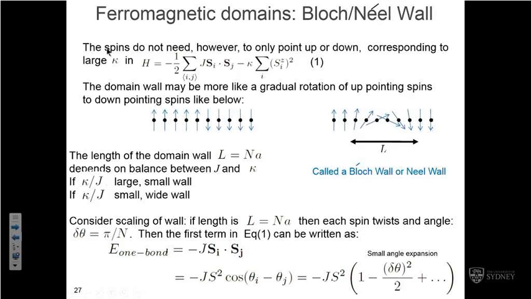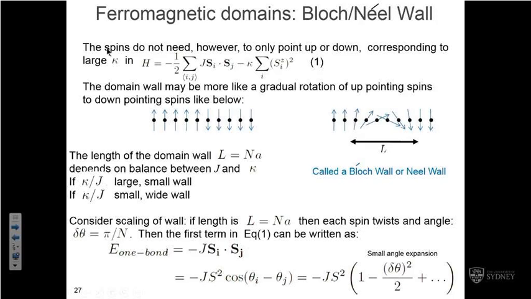So now we have the spins as vectors, and so we are just doing the dot product of the two spins here, knowing that the angle between two of the adjacent spins is equal to pi over N, this is how we get this expression here. Okay?